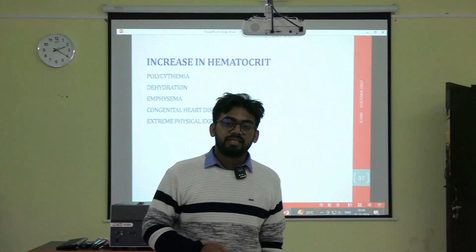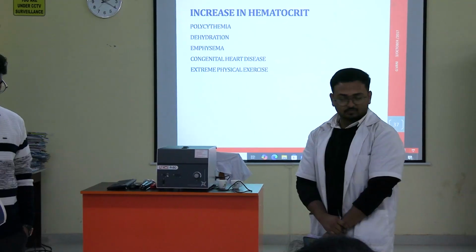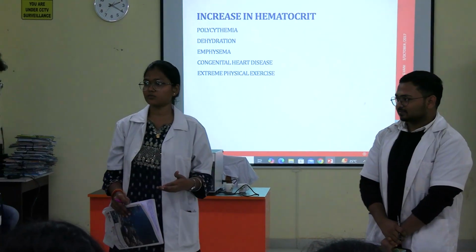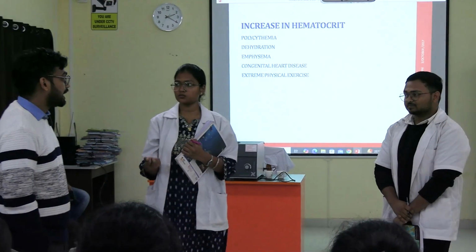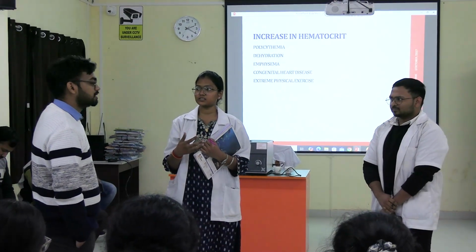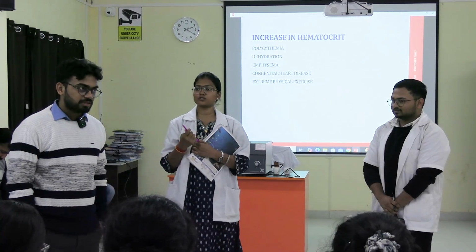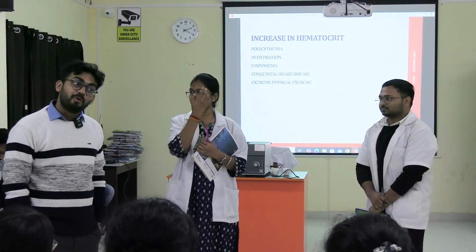Can anyone tell me why increased exercise can cause increased hematocrit? Very easy. Come here, tell them. The body will need more oxygen, so what will the body do? More RBCs. Why?